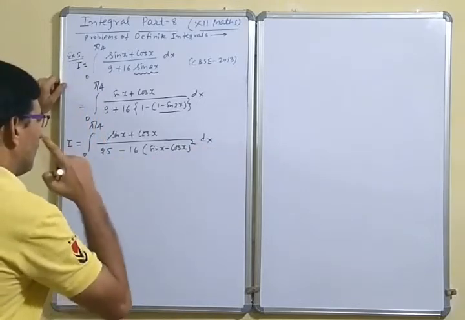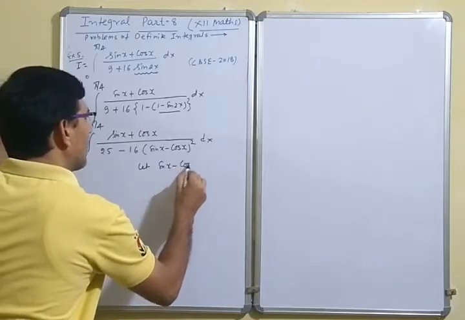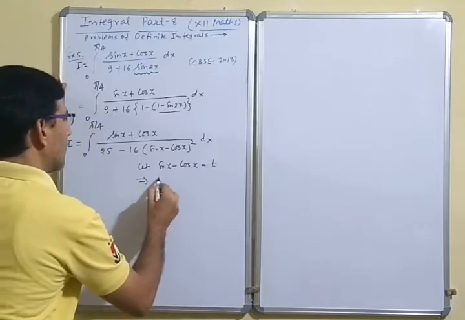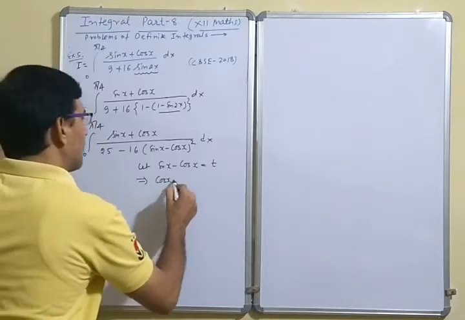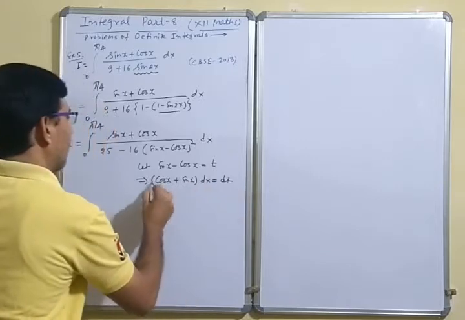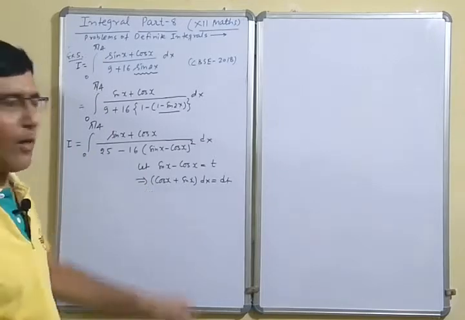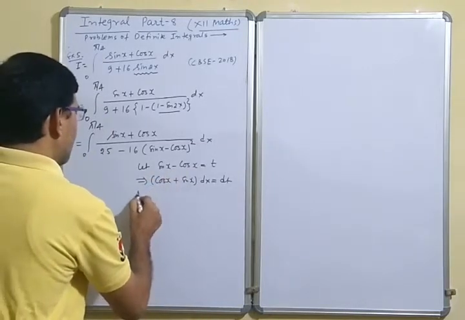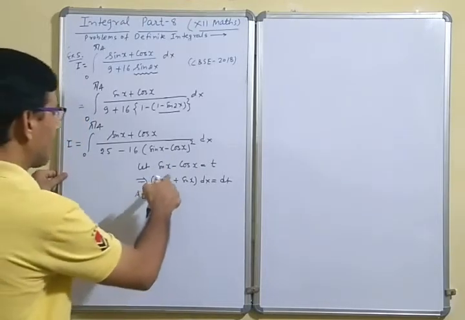Now in the next step we take, let sin x minus cos x be equal to t. This implies that on differentiation, cos x differentiation gives minus, so minus minus plus, (sin x plus cos x) dx is equal to dt. Now we change the limits.